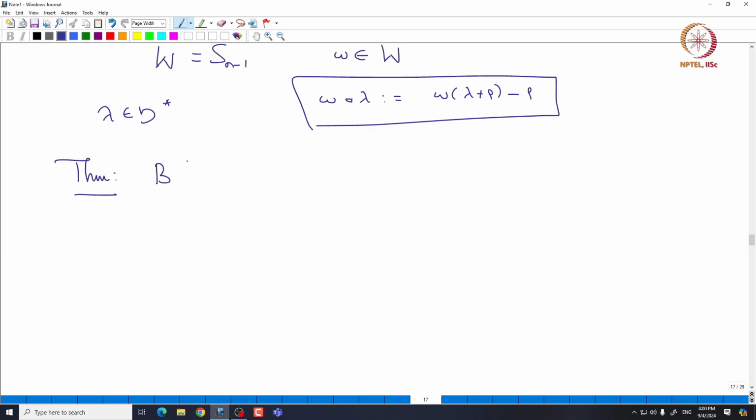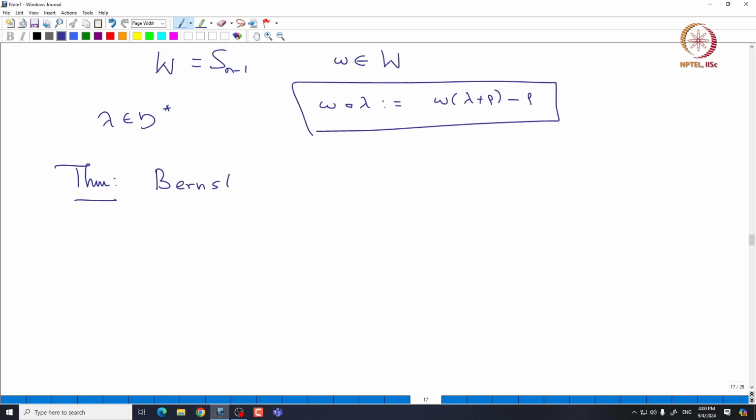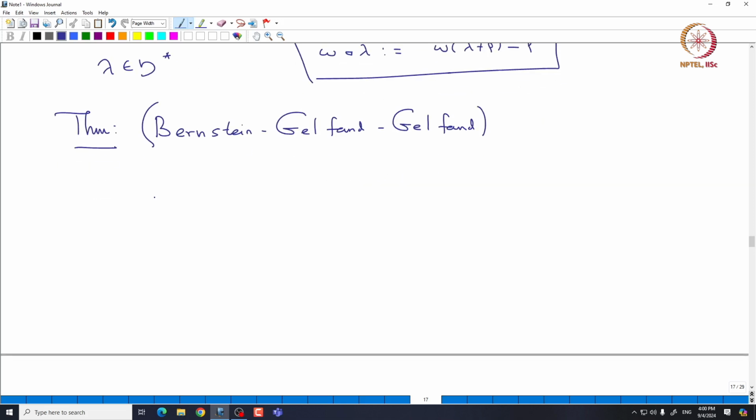This is proved by Bernstein, Gelfand and Gelfand. This resolution indeed says that we have the following long exact sequence.